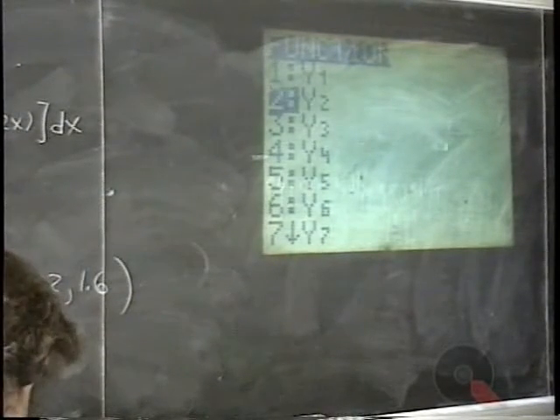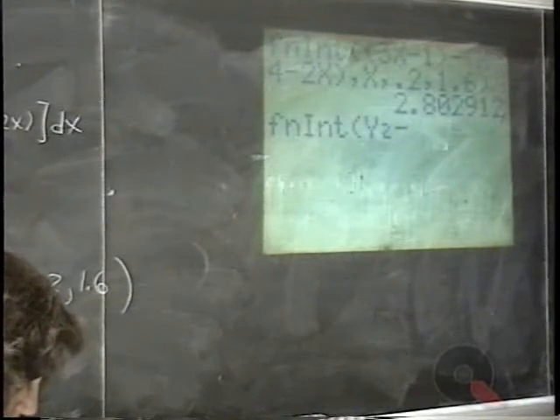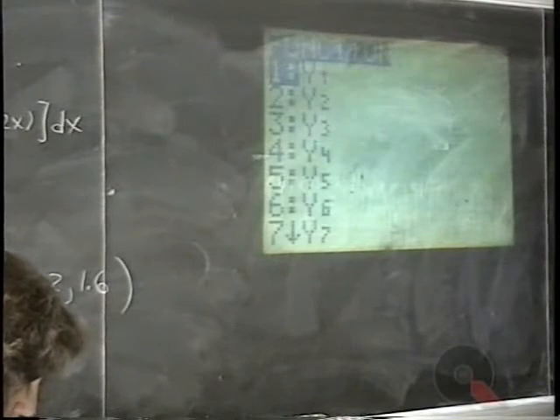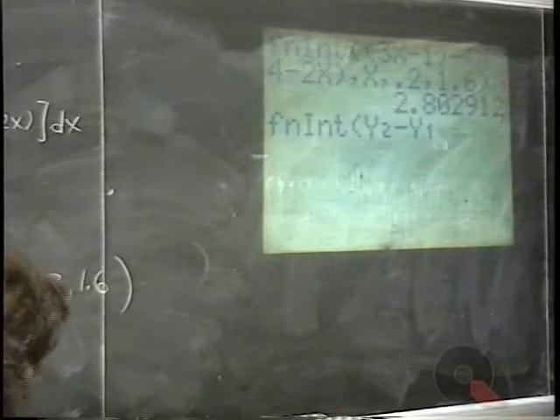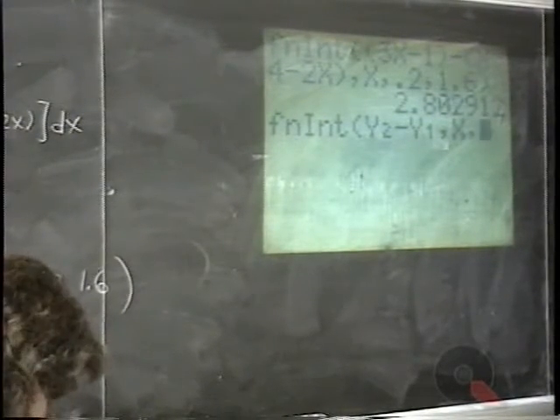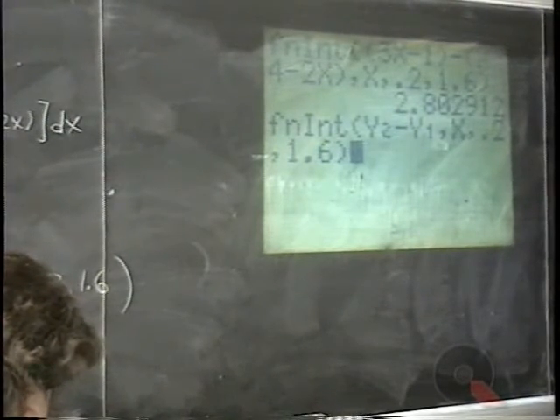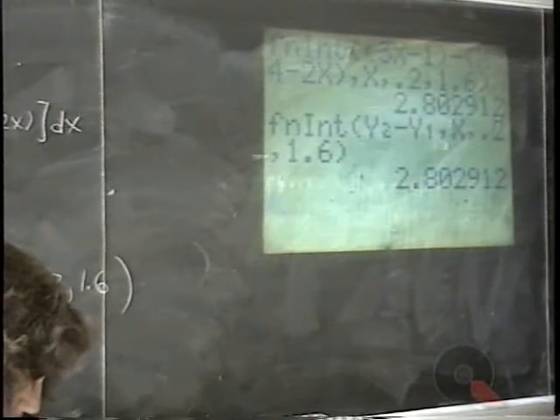If I go down to 2 and hit Enter, it gives me Y2 minus, repeat that, Variables, over to Y Variables, go to Function, and now I already have Y1, so that's what I want, comma, X, comma, 0.2, comma, 1.6, close it up, hit Enter, and you get the same answer.